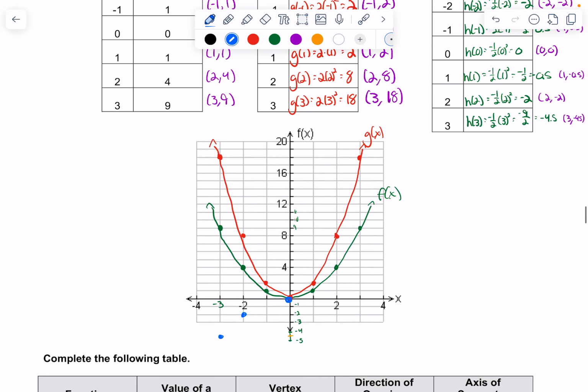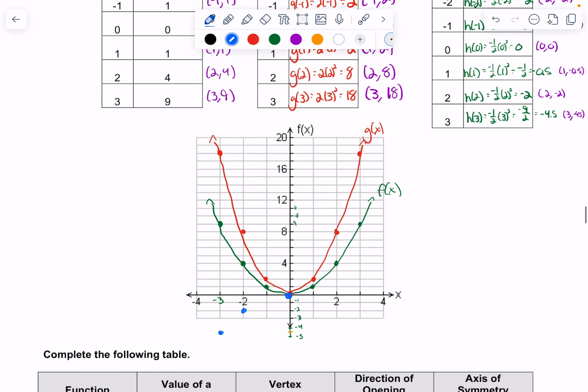Blue, 0 and 0. And then we've got negative 1 and negative 0.5 there. And we can just mirror our points, plot them out, and there is our graph. Need the point right here. There we go. That's h of x.